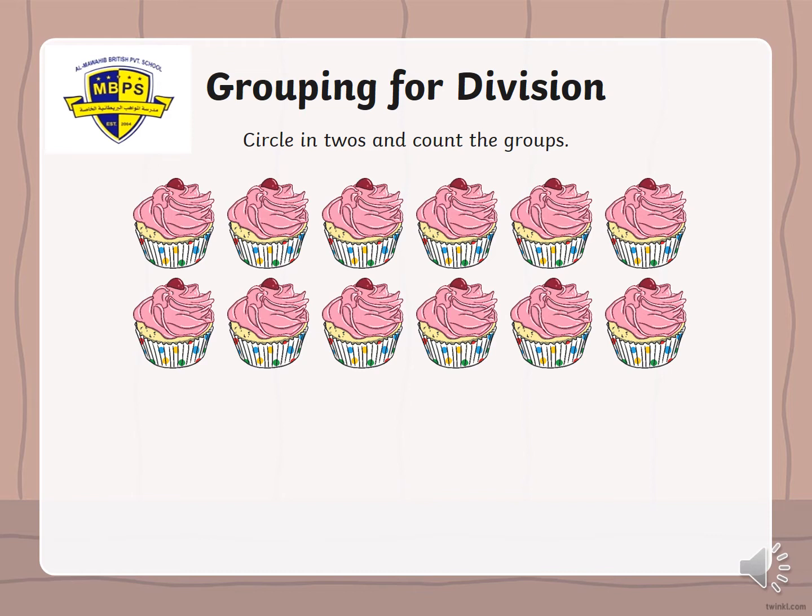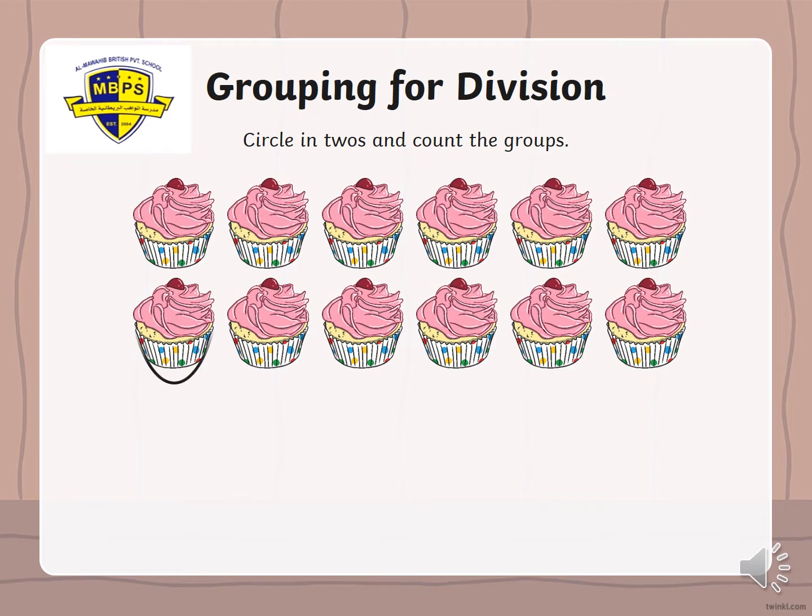Let's see this example to understand the concept of grouping for division. I have 12 cupcakes. I want you to circle in 2s and count the groups, which means that you are going to make groups of 2.